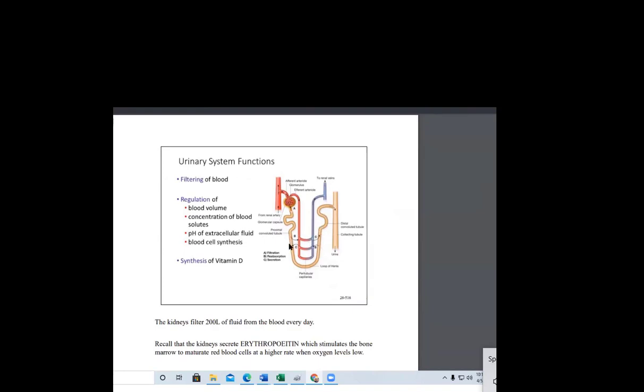We see this back and forth movement between the bloodstream, these blood vessels here, and the tubules of the kidney, and that can control the amount of water in the bloodstream, and it can control the amount of solutes in the bloodstream by this exchange that occurs between the tubules of the kidney and the bloodstream. So kidneys are a big player.